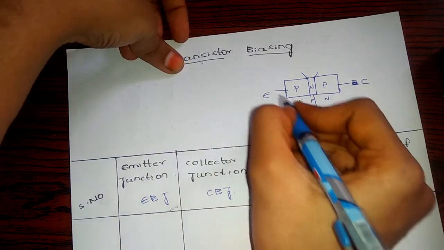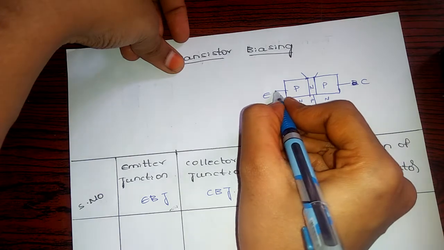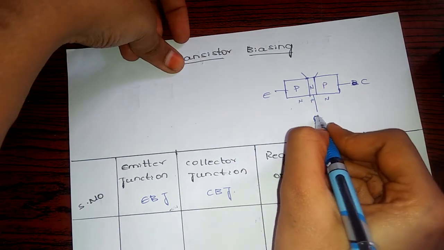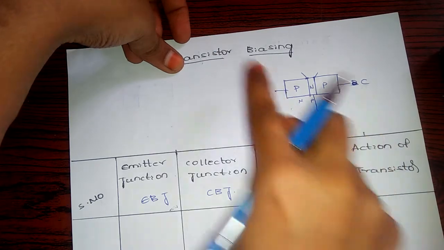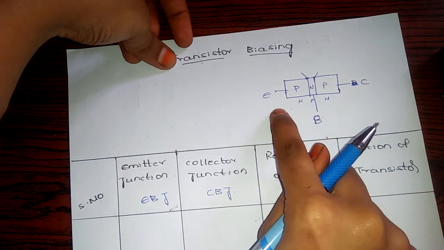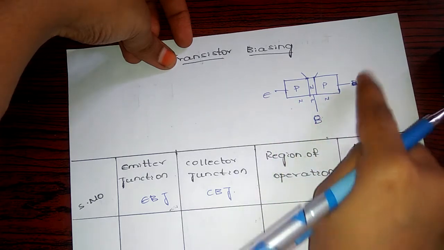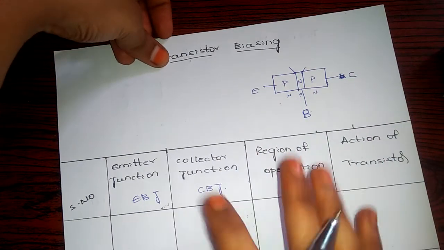So in how many ways can a transistor be biased? It has three terminals, so it can be biased at the emitter, base and collector. Here in the transistor we give two supplies, one for the emitter-base junction and one for the collector-base junction. So we have 2 raised to 2, that is 4, combinations of biasing.